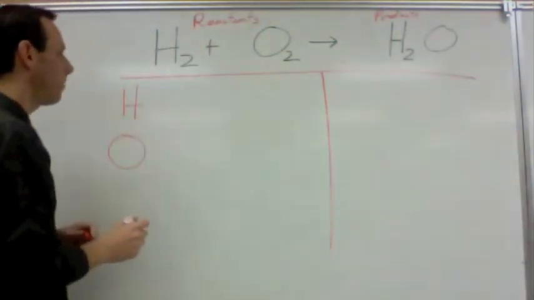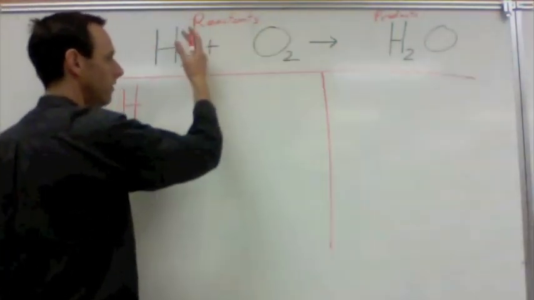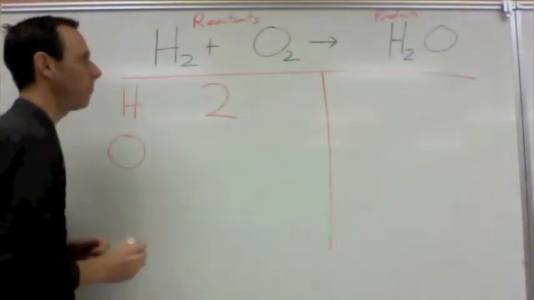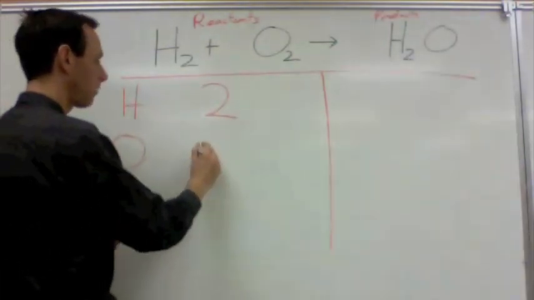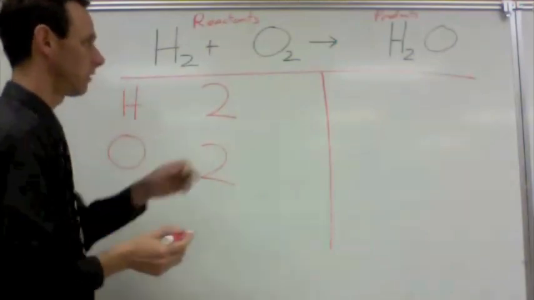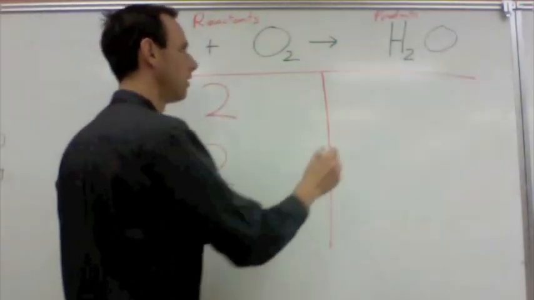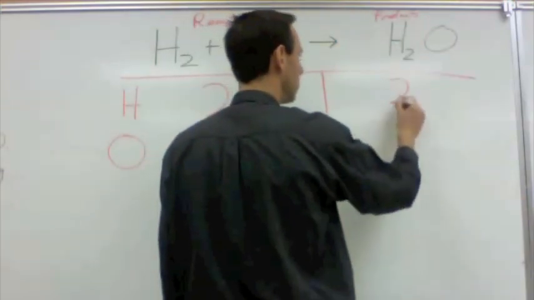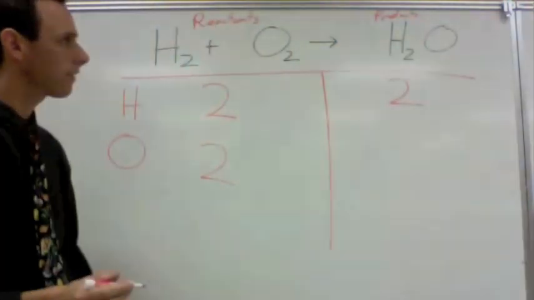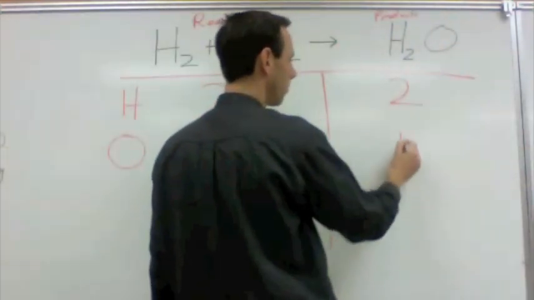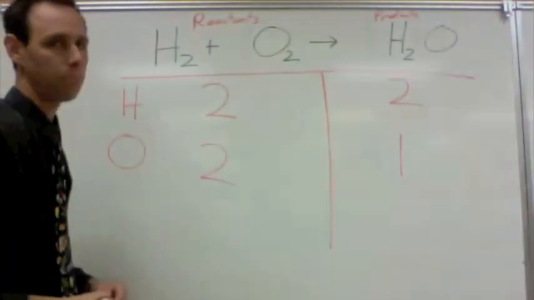Now let's count up. How many H's are on this side, the reactant side? There are 2 H's. How many O's are on the reactant side? There are 2 O's. Let's look at the product side. How many H's are on the product side? There's 2. How many O's, oxygens, are on the product side? Well, there's an implied 1 there, so there's only 1. This is a problem.